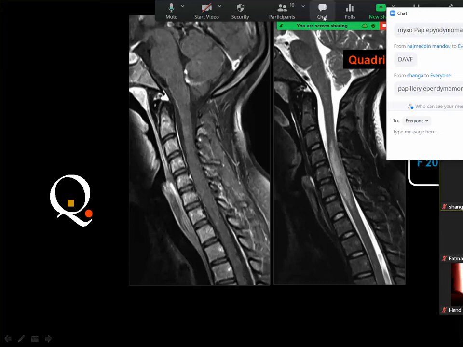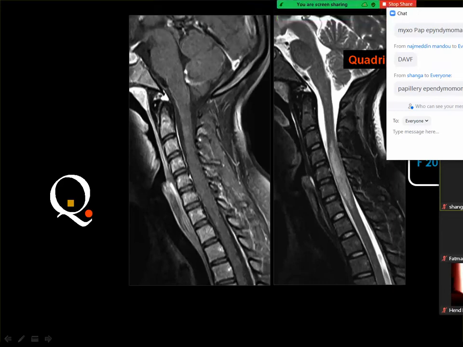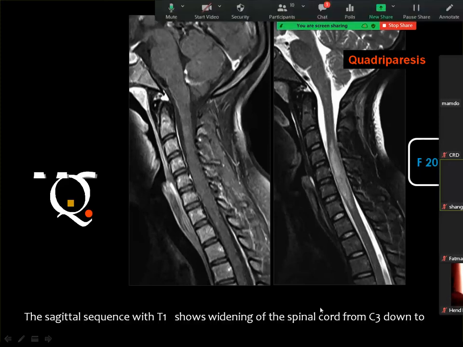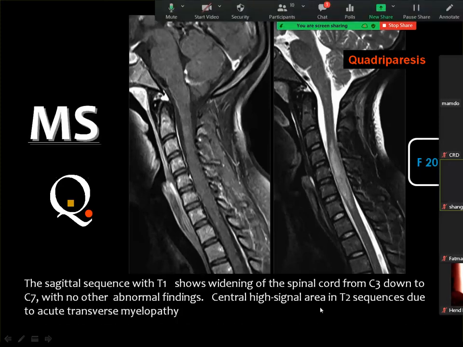I don't know what is papillary ependymoma, but an intramedullary lesion with localized segment may be suggestive of an ependymoma, but you need the help of contrast enhancement in order to assess the enhancement pattern of the lesion, since ependymoma should enhance.